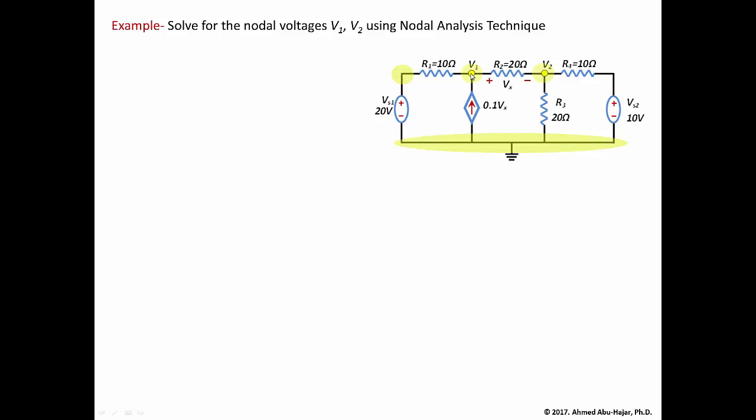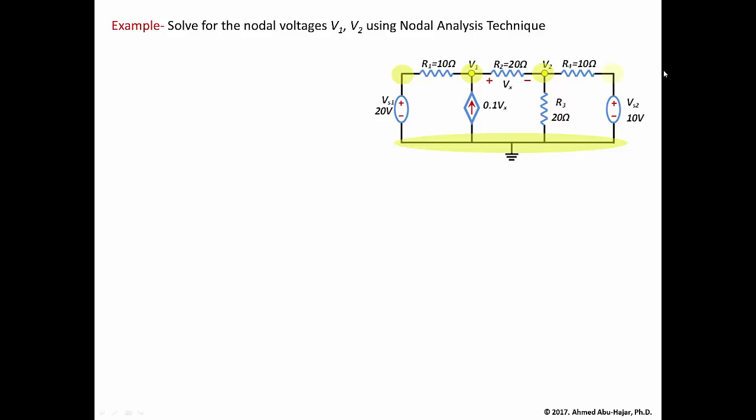Then we have those two nodes over here, node 1 and node 2, that are indicated in the problem. So clearly V1 and V2 are not known because we don't have any voltage source connected from V1, for example, to ground, and from V2 to ground.